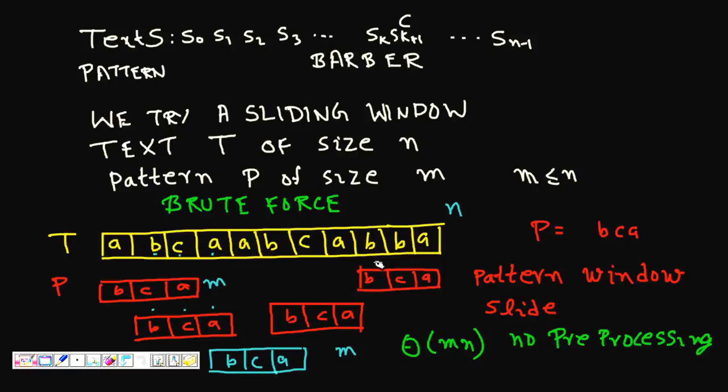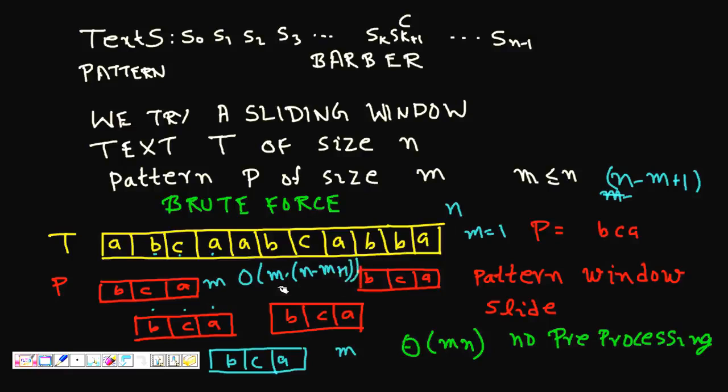So this N is 1, 2, 3, 4, 5, 6, 7, 8, 9, 10, 11. So it can make N minus M plus 1 shifts. So you have the algorithm which will be O of M into N minus M plus 1.